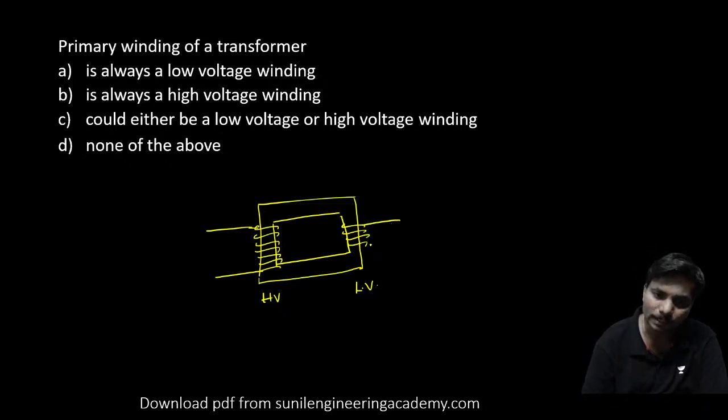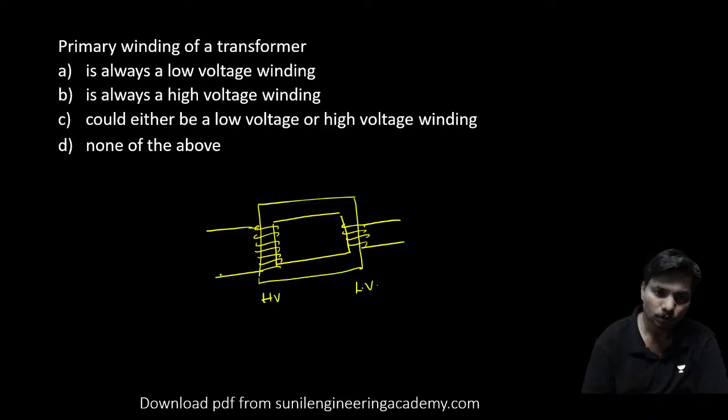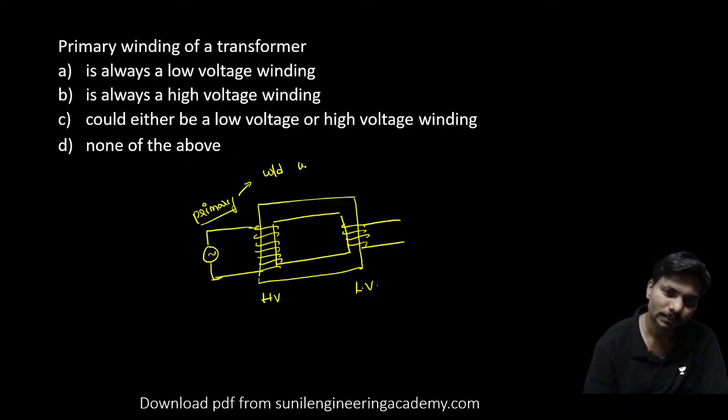The winding which is connected to the supply is called the primary winding.